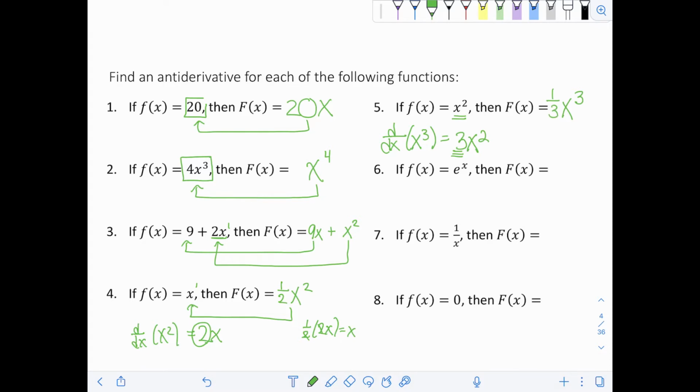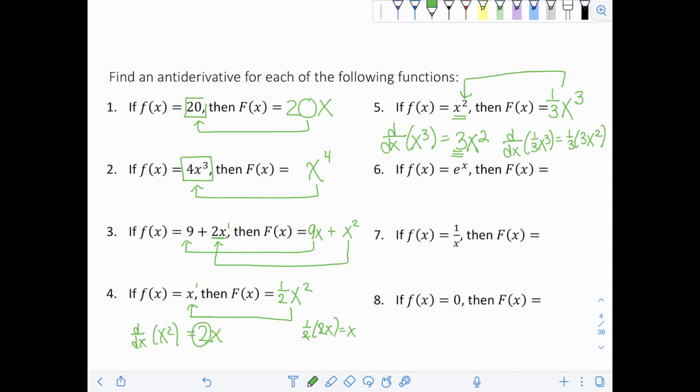That way when we take the derivative, we would get 1/3 times 3x squared, and now the 3's cancel, which means it checks out. The derivative of 1/3 x cubed is x squared. So that means the antiderivative of x squared is 1/3 x cubed.